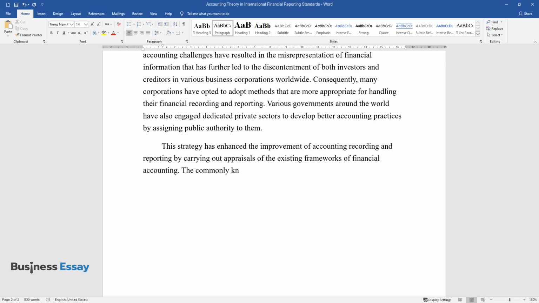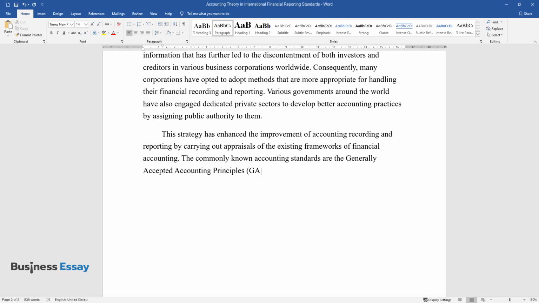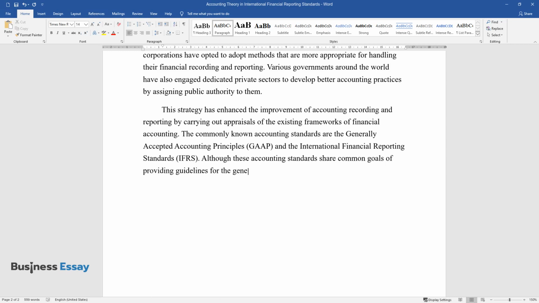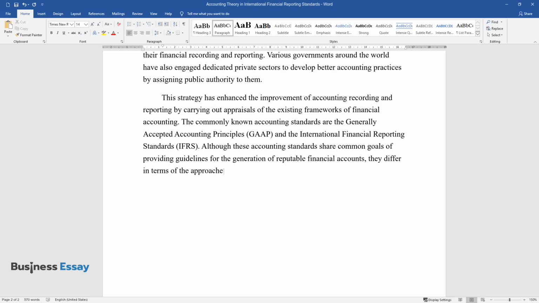The commonly known accounting standards are the Generally Accepted Accounting Principles, GAAP, and the International Financial Reporting Standards, IFRS. Although these accounting standards share common goals of providing guidelines for the generation of reputable financial accounts, they differ in terms of the approaches that are used to generate financial records and reports.